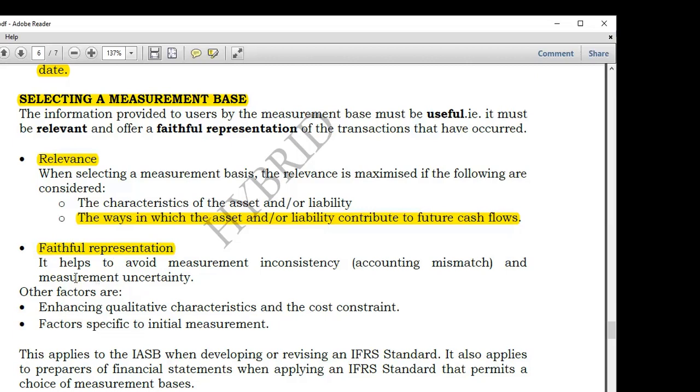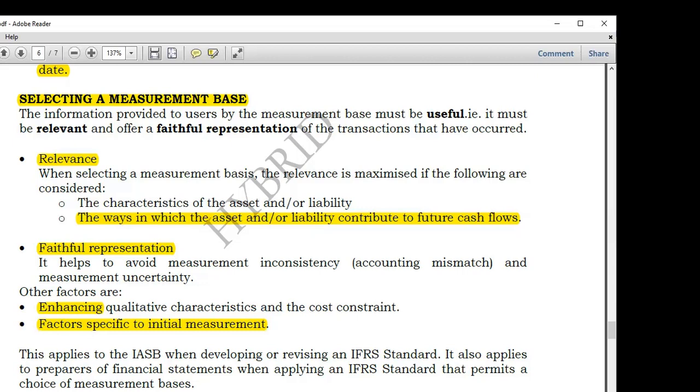But other factors could be considering the enhancing qualitative characteristics. Relevance and faithful representation were the fundamental ones, right? We can also consider the enhancing factors, but maybe also factors specific to initial measurement. If you're doing initial measurement, there are situations that you have to consider depending on the standard itself.